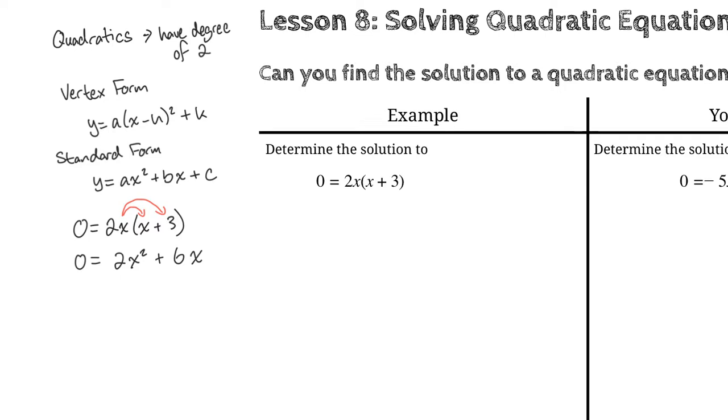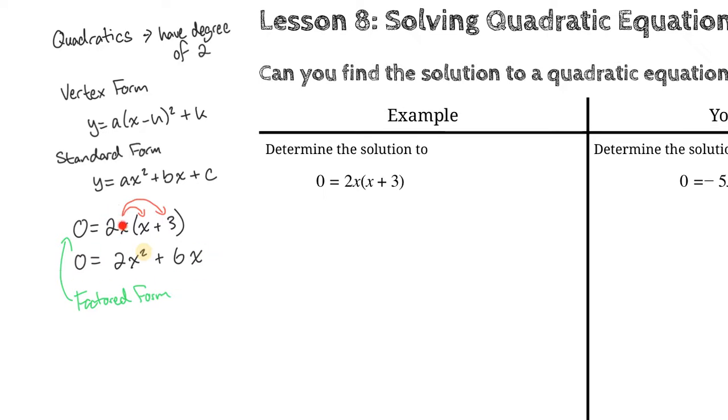Now if you look at that, is that a quadratic? Well, yes it is, because it has a degree of 2. The highest exponent in this equation is 2. So this is definitely a quadratic. But this is a different form of a quadratic. It's called factored form. Factors include numbers and variables and expressions that can be multiplied together to get your product.